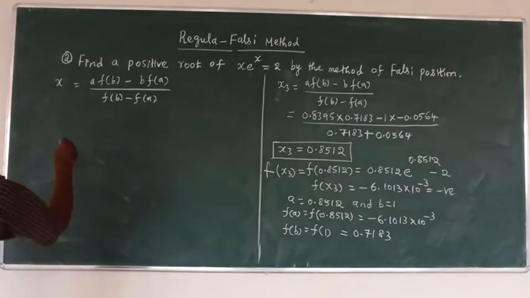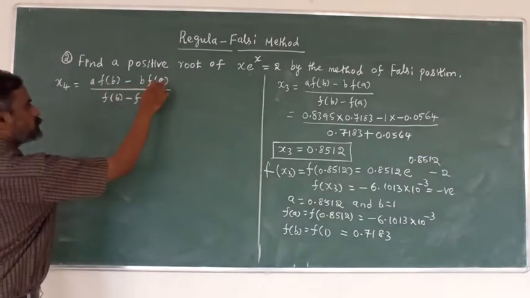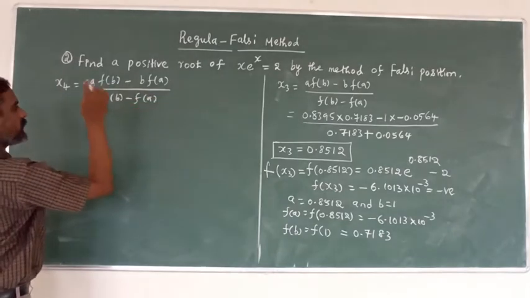Now formula x4 equal to a into fb minus b into fa divided by fb minus fa.